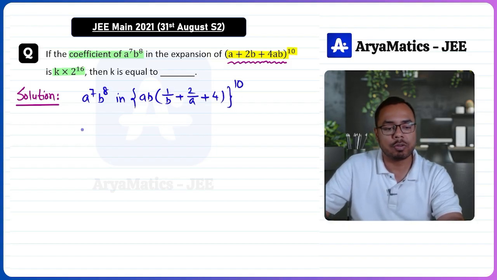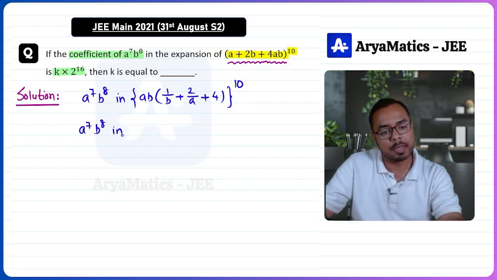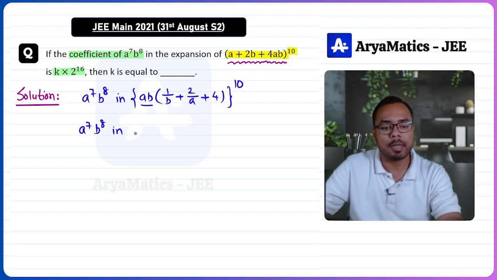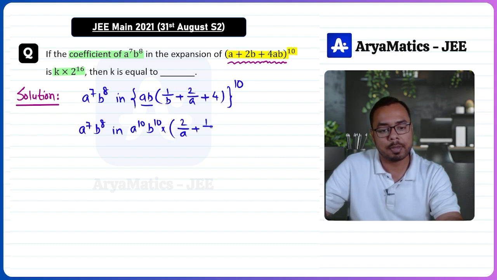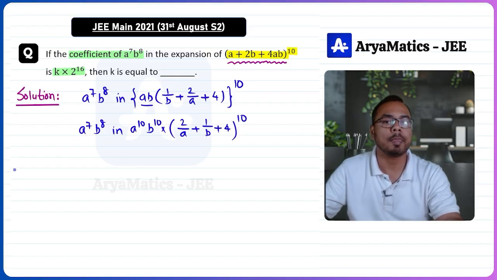So that means we need the coefficient of a^7 b^8 in a^10 b^10 multiplied by (2/a + 1/b + 4)^10. Now, in the next step, you can see what we have to do.